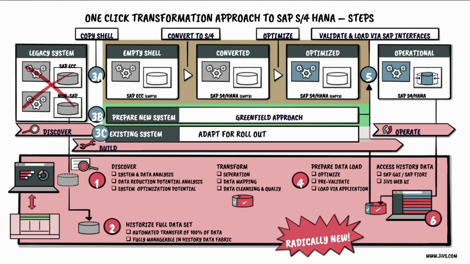We use SAP's migration cockpit to then provide the data. You can massage the data. I heard that's now an official term when it comes to working on data. You can create the golden records and so forth. You do that in JiVS. We have the mapping rules for the future core. All that is available in JiVS. Then we take the data, provide it to SAP's migration cockpit, and you're good to go.